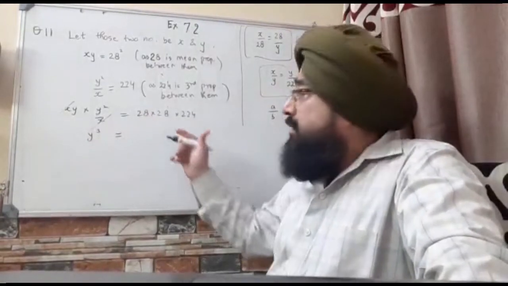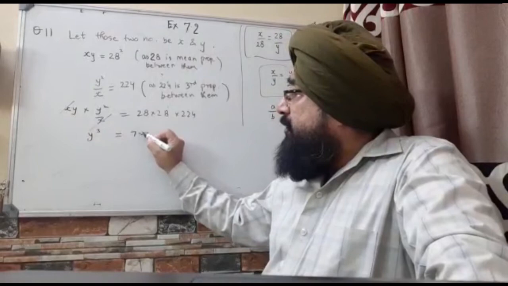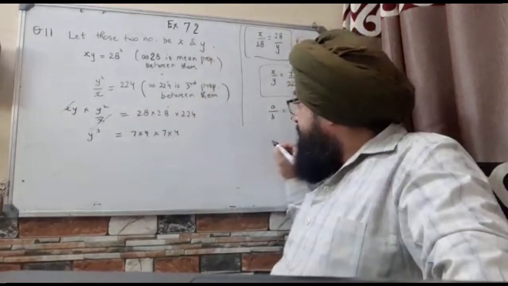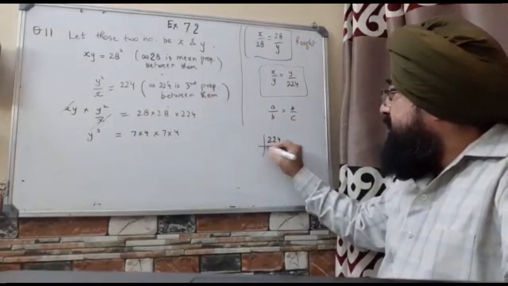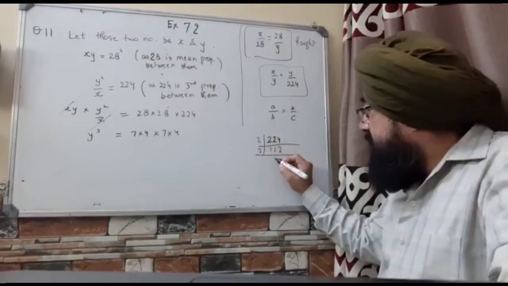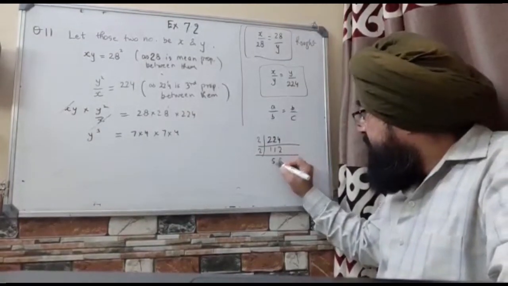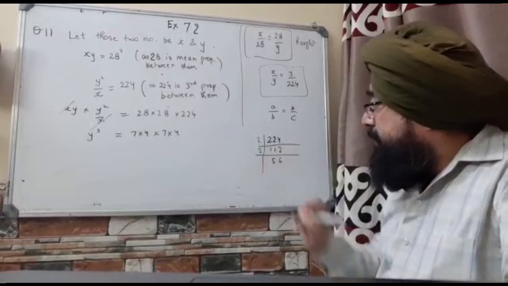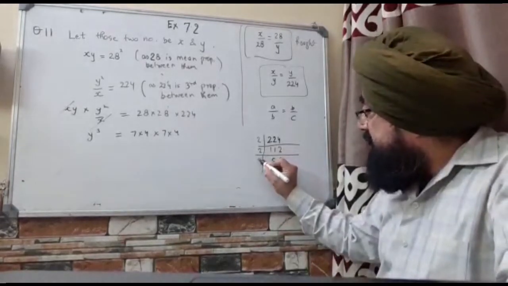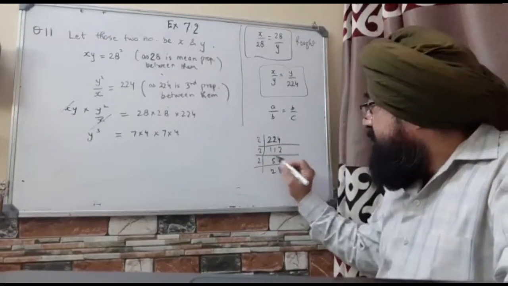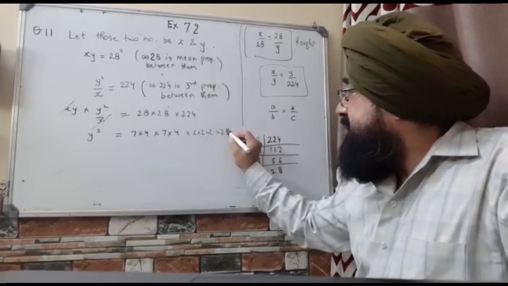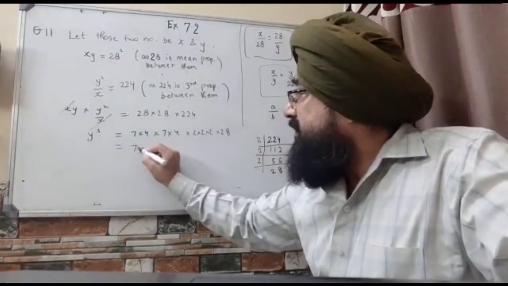and I can factorize these to get cubes of something. So 28 can be 7 into 4, and this 224 can be factorized as 28 into 8. So it is actually 2 into 2 into 2 into 28, and again 28 can be written as 7 into 4.